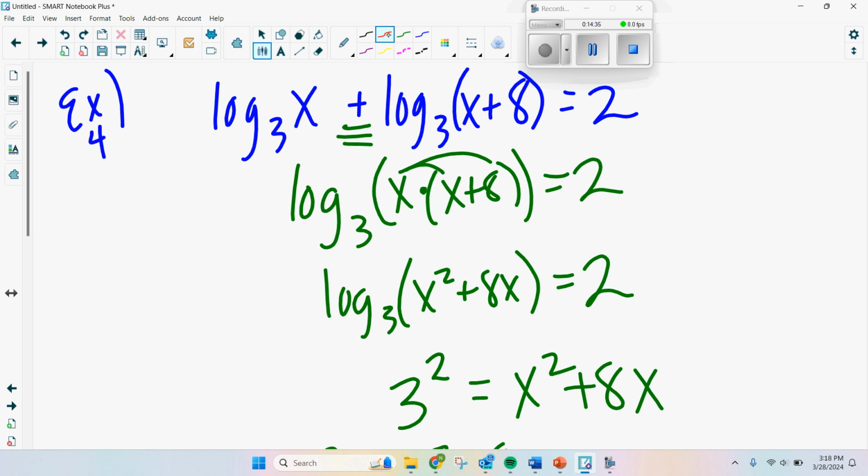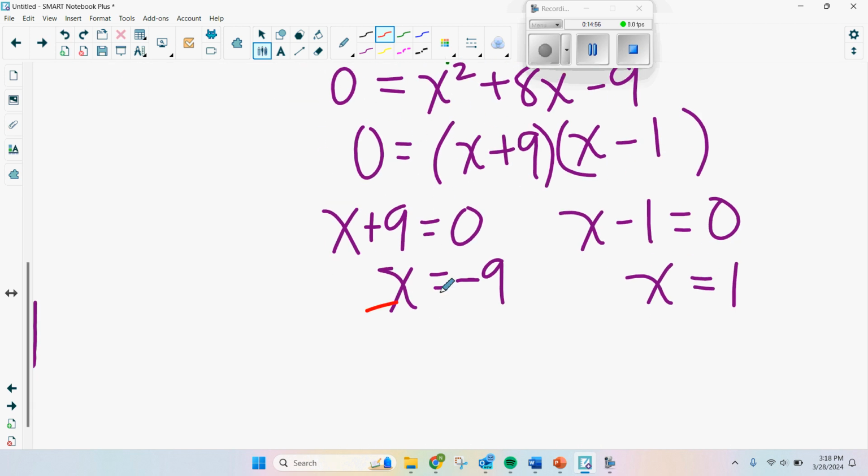I cannot take the log of a negative number because it's not possible for me to do 3 to a power and get a negative number. So if I plugged a -9 in here, in either place, that would not work. There's no 3 to a power that gives me -9. So -9 is an extraneous solution.